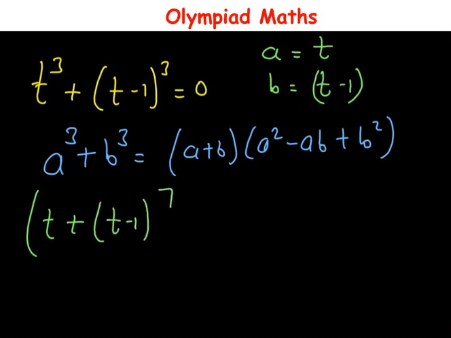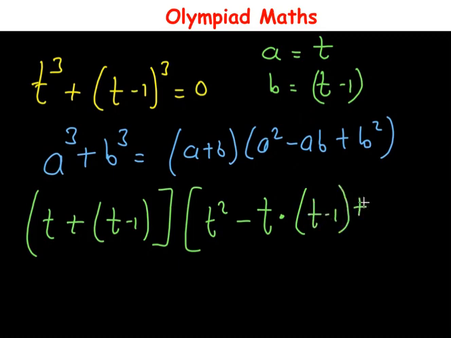So from here, we have, in brackets, a is t, so t plus b is t minus 1, then multiplied by a squared, that will become t squared, minus a is t, so t multiplied by b is t minus 1, then plus b is t minus 1, so t minus 1 all squared. All of this is equal to 0.